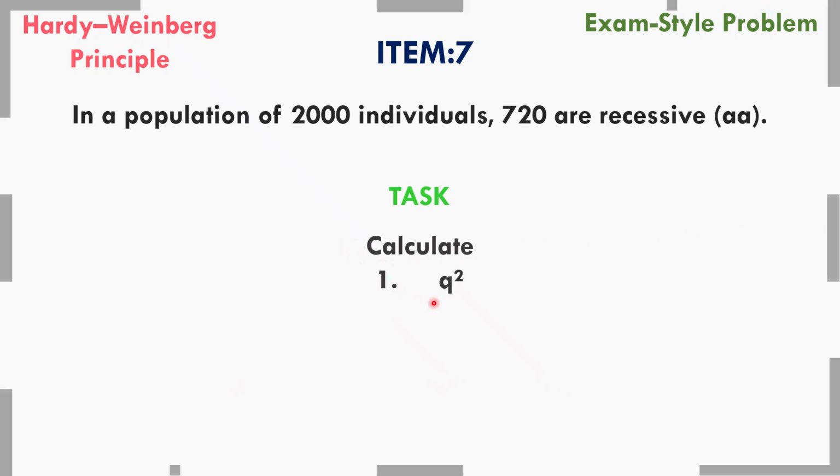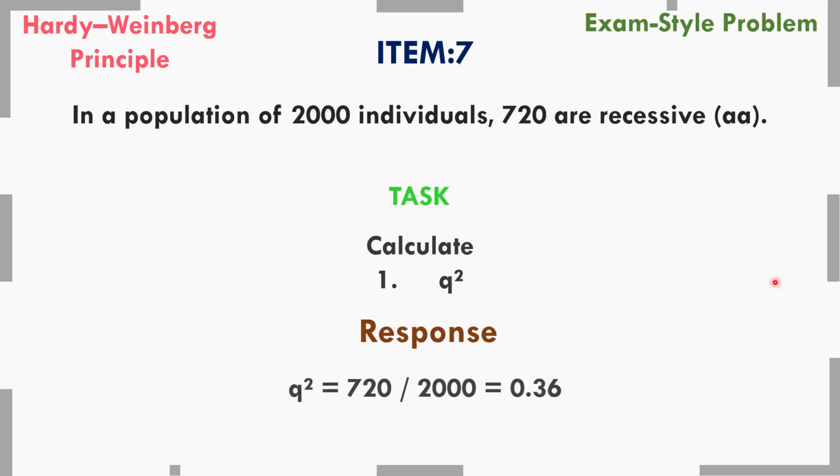Let's look at q squared. q squared is given by 720 divided by 2,000. And this is going to give us 0.36.